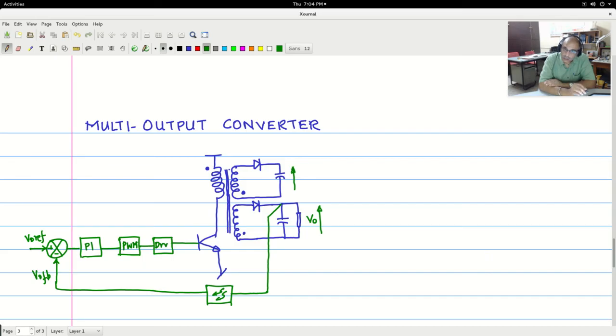In the previous method, we had used a 3-terminal regulator, a linear regulator. The problem with the linear regulator is that it is dissipative, and therefore the efficiency comes down and the size becomes higher.